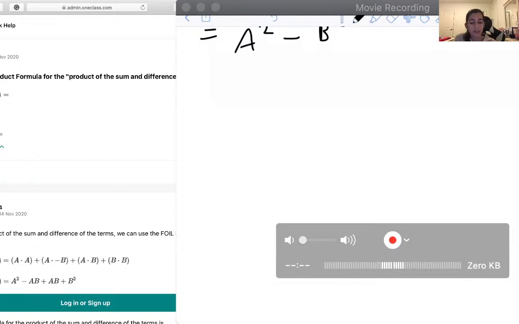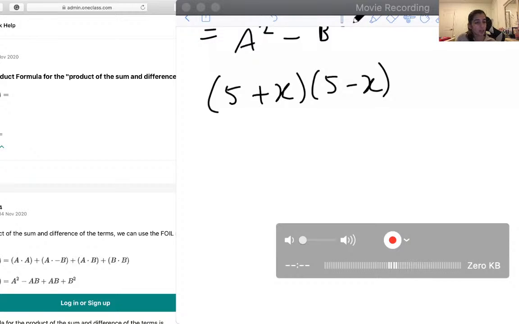If we use that in the example that they've given us, so 5 plus x and 5 minus x, we could see that we can do this a long way of multiplying, either choosing the FOIL method, or we can do it based on our knowledge. So a squared, we can take a to be 5, or we can take a to be x, but let's just take a for x.